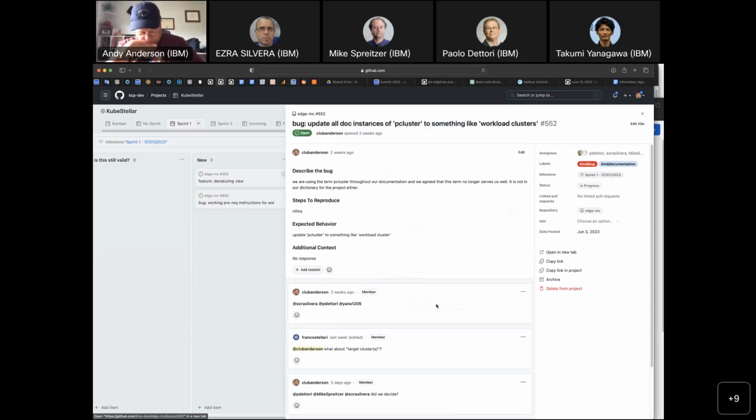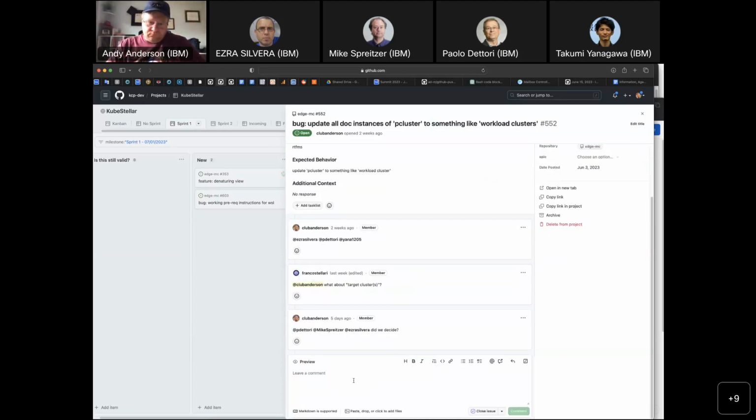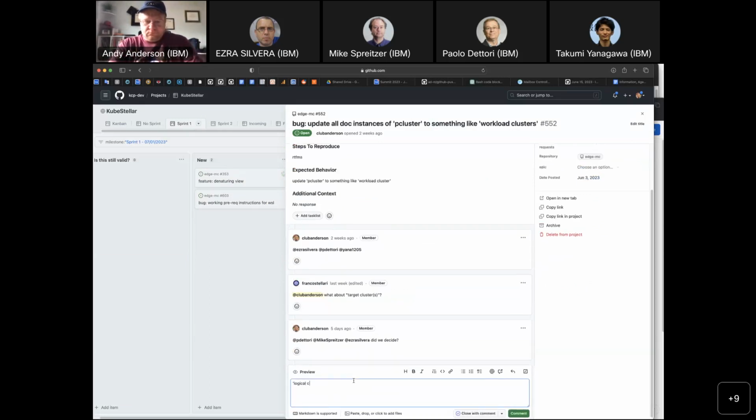So, what do we want to say instead of workspace if we're trying to be independent of KCP? One candidate would be logical cluster. That has the advantage of aligning with a concept in KCP, and it's got some currency. On the other hand, it still sounds maybe KCP specific.